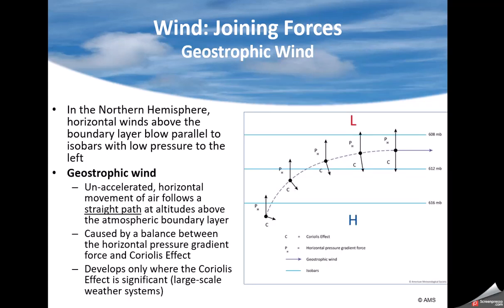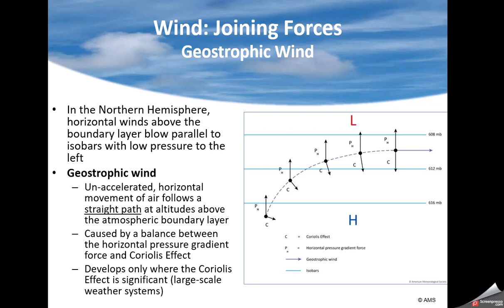Now, there are two other basic kinds of winds. Meteorologists like to try to simplify things as much as possible, and there's a geostrophic wind. We're taking two components of the geostrophic wind. All we're dealing with is pressure gradient and Coriolis effect. So we know that the Coriolis effect operates to the right of whatever motion is there.